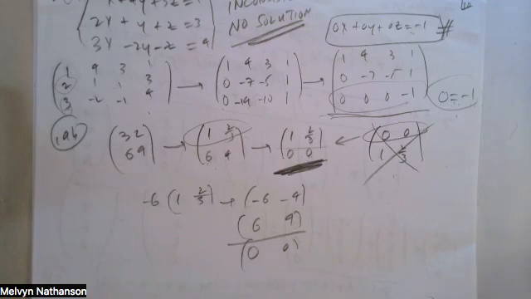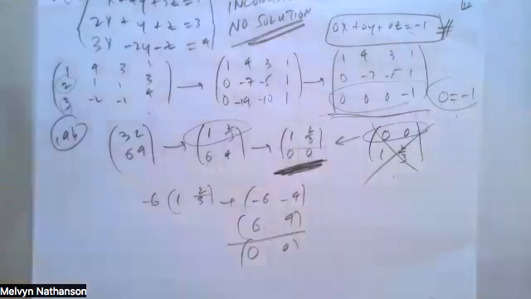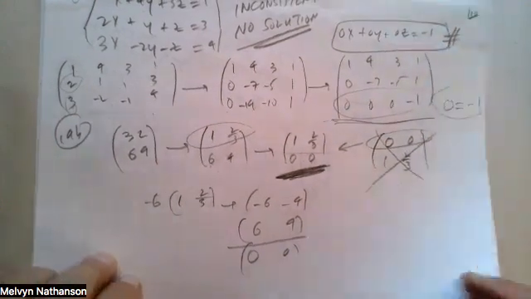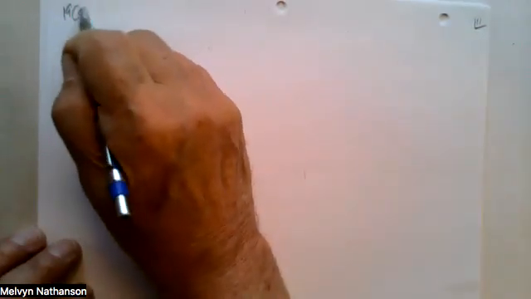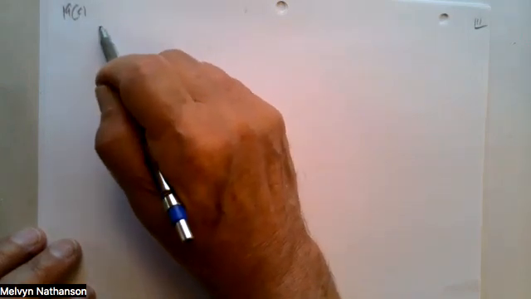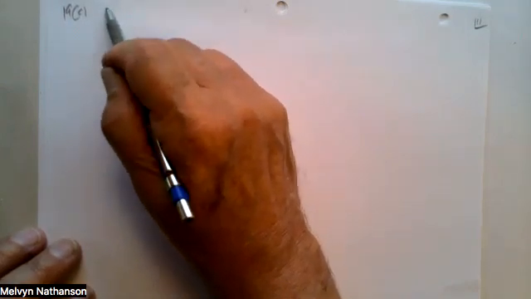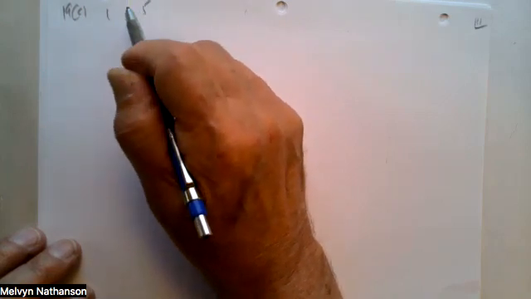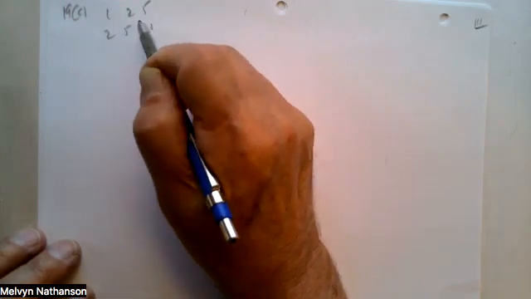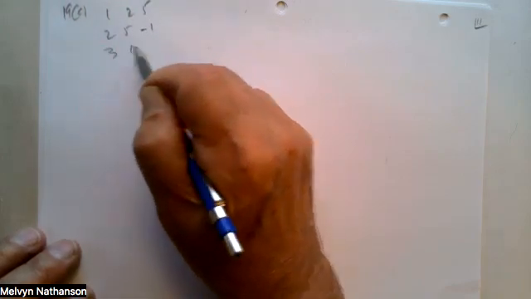Can we do 19C? Sorry, which one? 19C? Yeah. Okay. So I have the matrix 1, 2, 5, 2, 5, minus 1, 3, 1, 0.